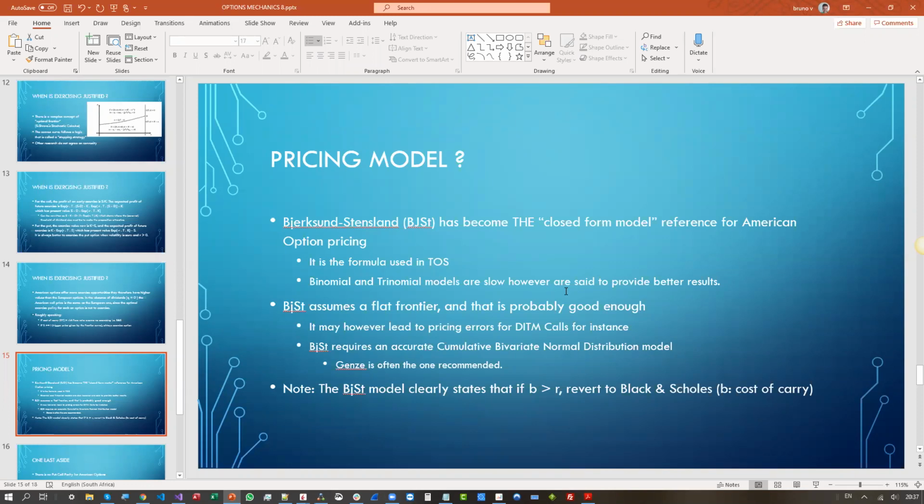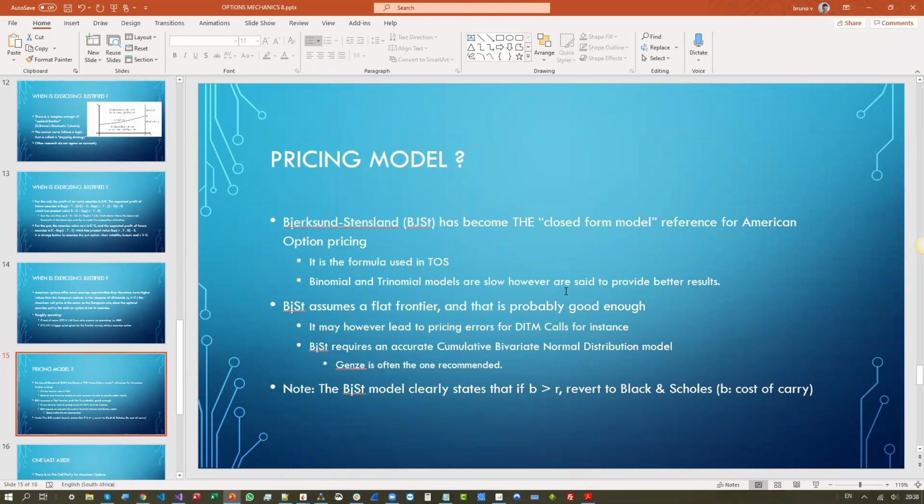So I would say that in many cases, if you just want to price one option now and then, and if you have binomial at your disposal, use it. It will give you a better pricing, so you will have a better idea whether it really makes sense to exercise or not. But for convenience, Bjerksund-Stensland is easier to use.